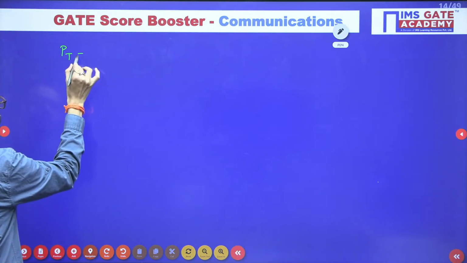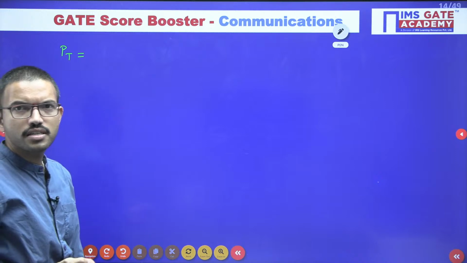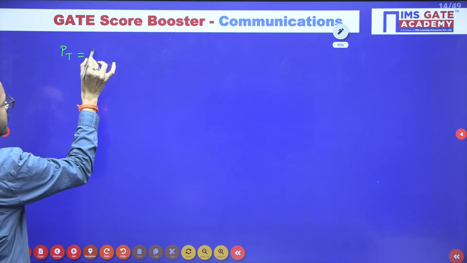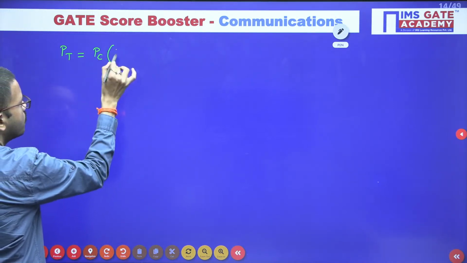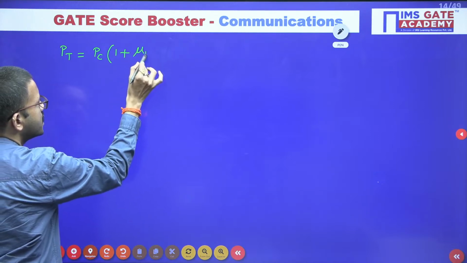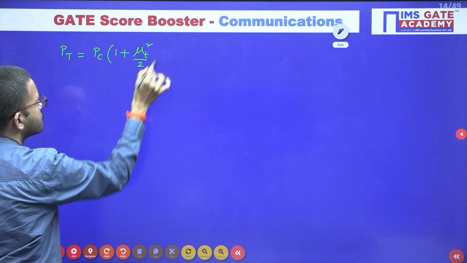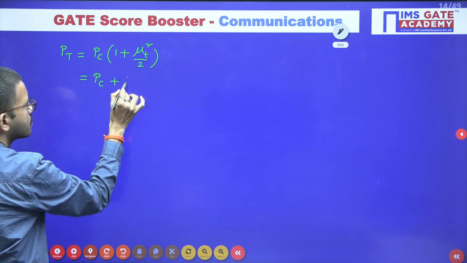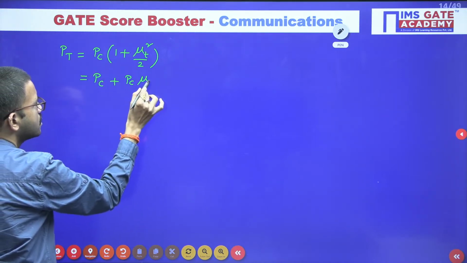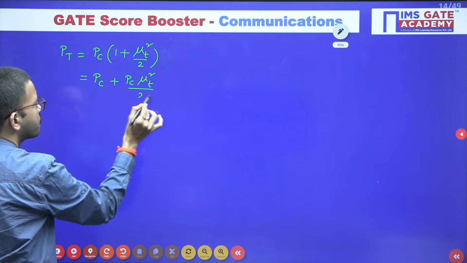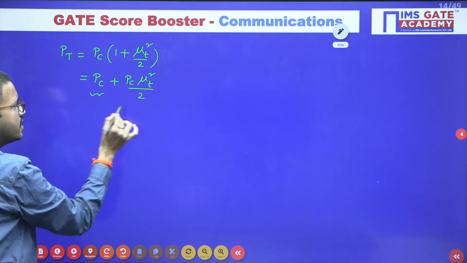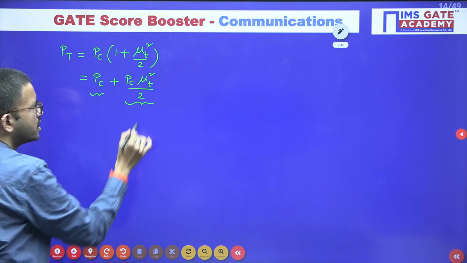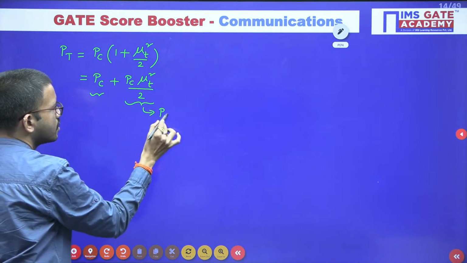First of all, I am writing the total power of the AM signal. That is Pc into 1 plus mu square by 2. For the generalized case, mu t square by 2. From here, multiplying Pc with both, you get Pc plus Pc mu t square by 2. So this is your carrier power, and this is your total sideband power.